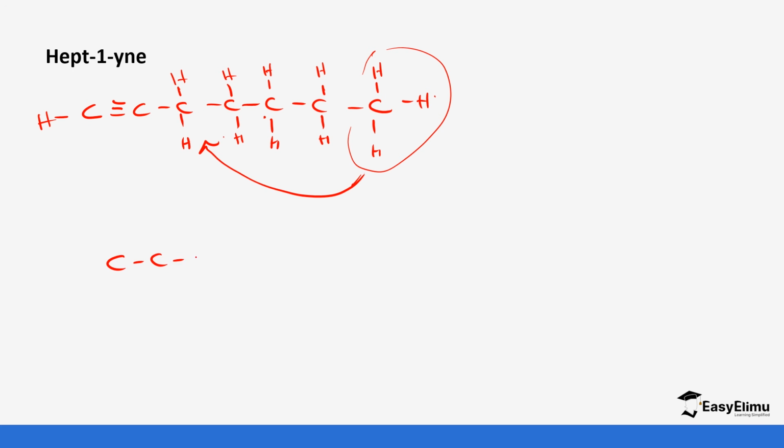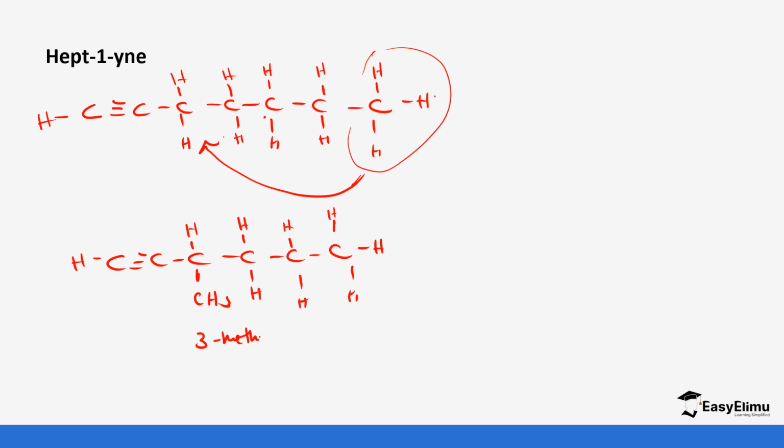So it becomes 6 carbons. And there's a triple bond here. So we moved this CH3 in this carbon. So we put the hydrogens. So this becomes 3-methylhex-1-yne. So we can also move this CH3, still the same carbon on the top.